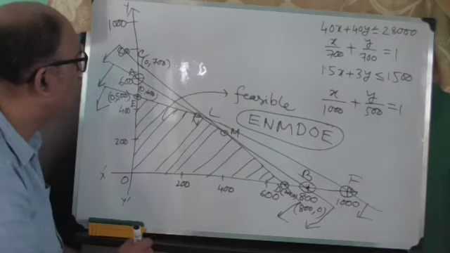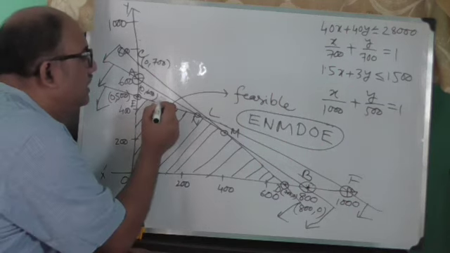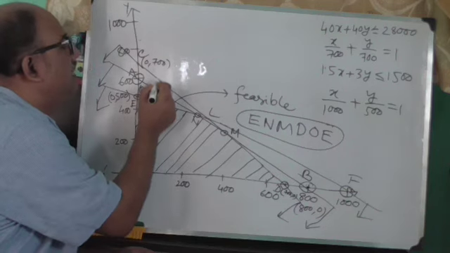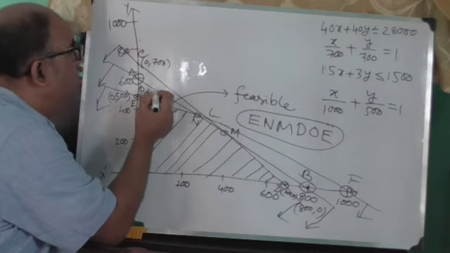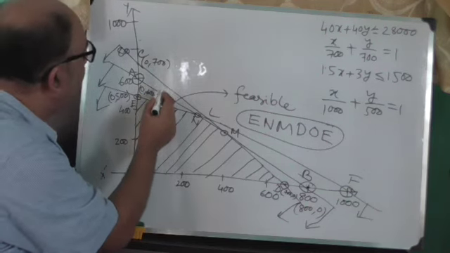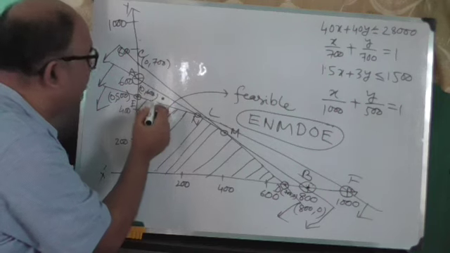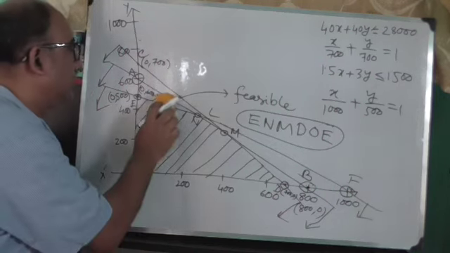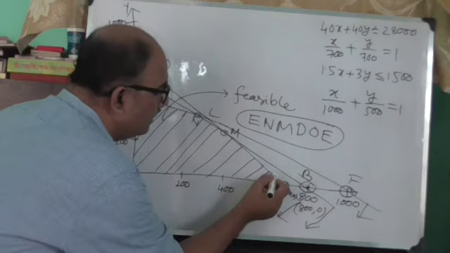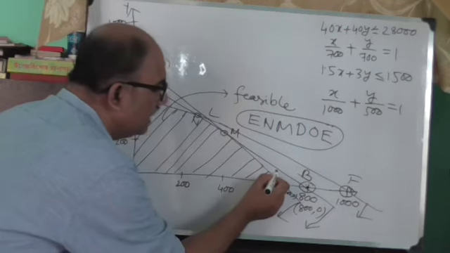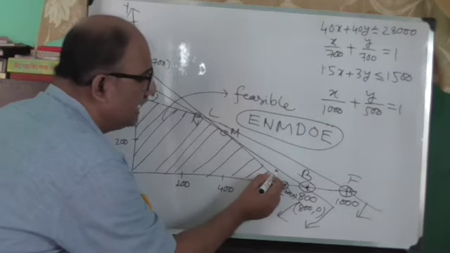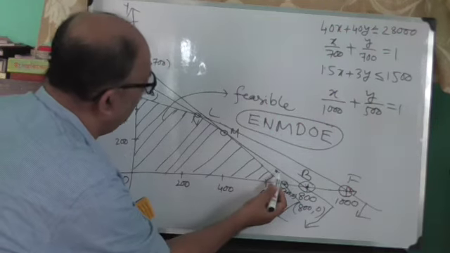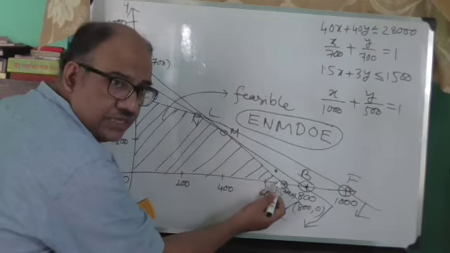Now, why have we not chosen other parts? If I take a point over here in this region, it satisfies this straight line and this straight line. In fact, it satisfies CD and AB, but does not satisfy EF. So that's why this part will not be taken. And if you choose any point here, this point satisfies EF and AB, but does not satisfy CD.